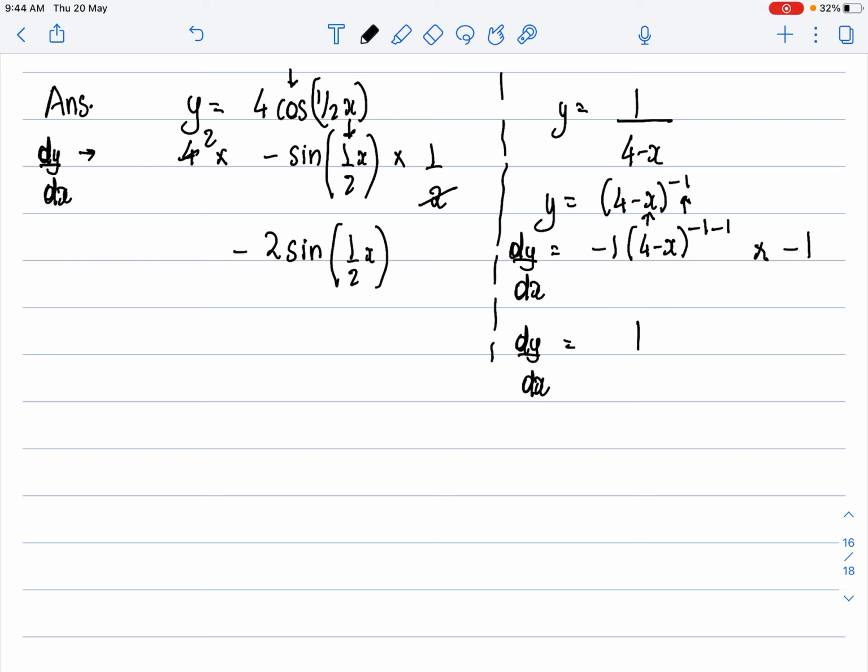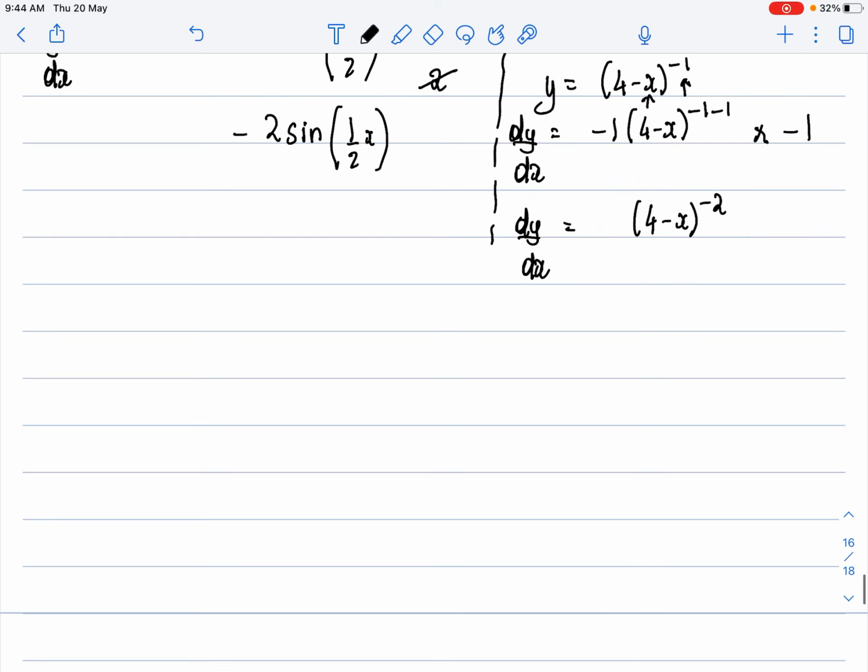So this will become positive because minus 1 into minus 1, and I get 4 minus x raised to minus 2, which can be written as dy by dx equals 1 over 4 minus x the whole squared.